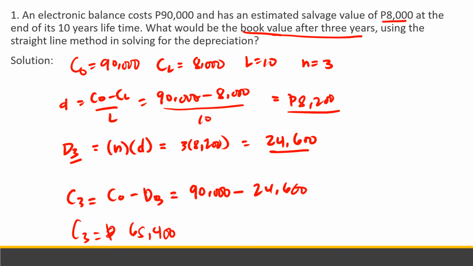So for example, if you decide to sell your electronic balance after 3 years, its worth is still 65,400. But after 10 years, it is only 8,000. Maybe it is already broken or no longer working properly, and it can no longer be repaired. So that is the scrap value, or the salvage value.